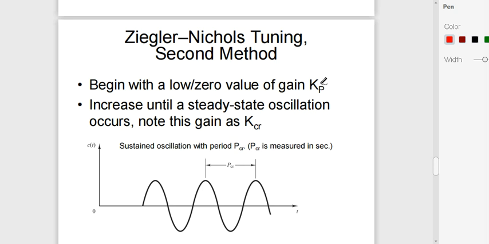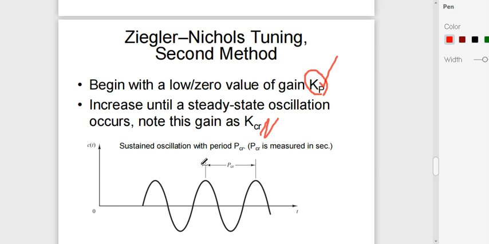So first we make the value of gain Kp low or zero. Increase it until steady state oscillations occur, and note this gain as Kcr. By increasing the value of Kp, we make the system oscillate steadily.